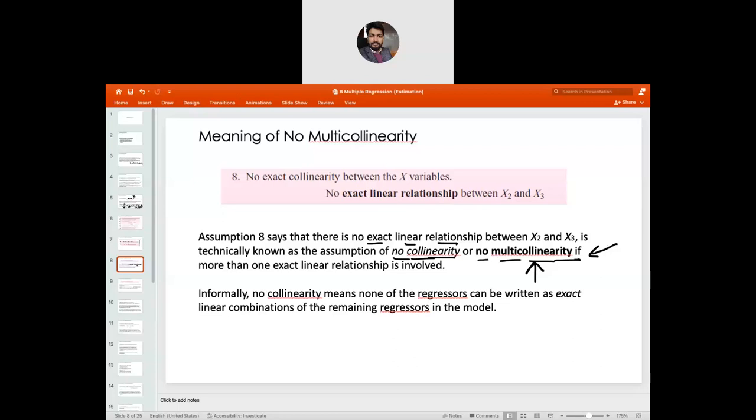What does no collinearity mean? It means that you cannot write x2 equals 3x3, or x3 equals 1/3 x2. You cannot say that x2 is 3 times x3, or that x3 is 1/3 of x2. If this is true, it means there is perfect collinearity.